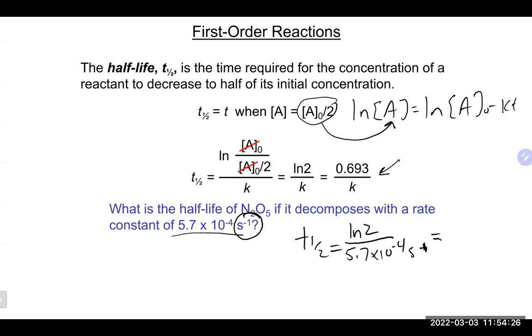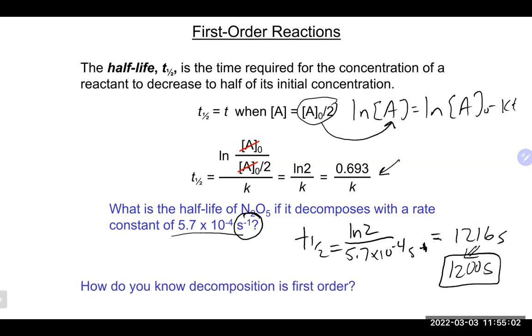And in this particular case, we will end up with about 1,216 seconds. If we're significant figuring here, maybe about 1,200 seconds when rounded, since our original number had 2 significant figures. Any questions on that there? Approximately 20 minutes.